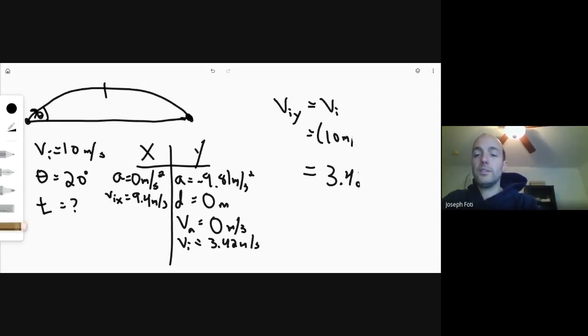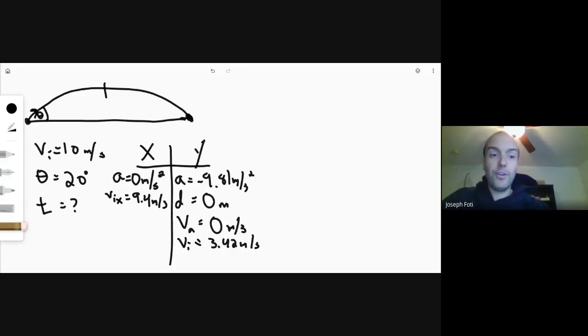All right. Excellent. Now, believe it or not, since this projectile was launched and landed at the same height, we know that the final vertical velocity will just be the negative of that initial velocity.